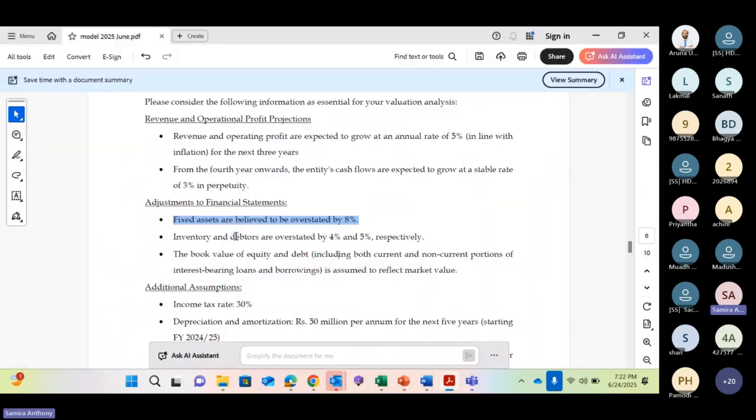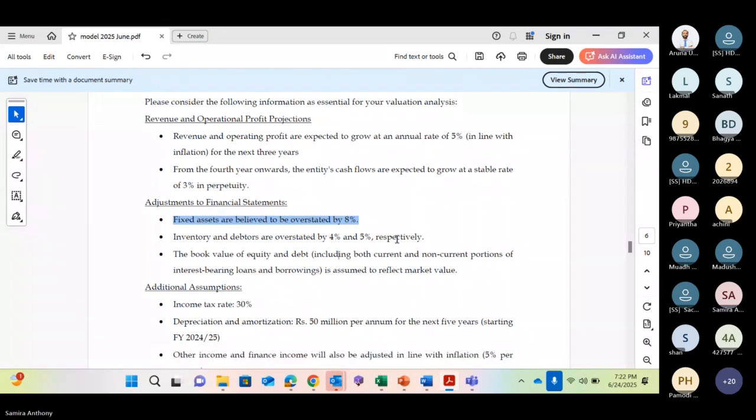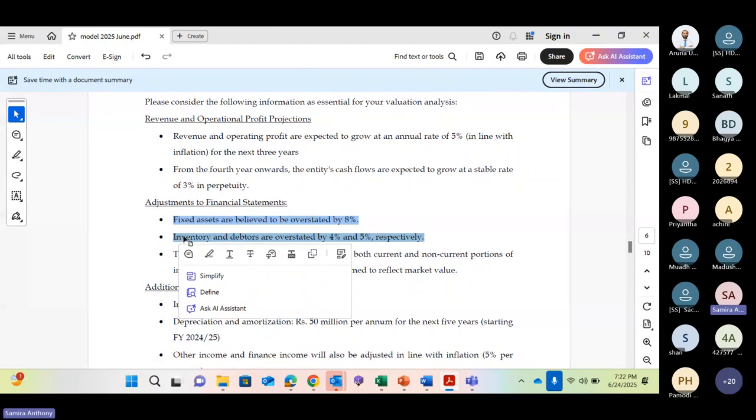Okay. Then inventory and debtors are overstated by 4 and 5% respectively, right? Now, inventory and debtors you can take here.